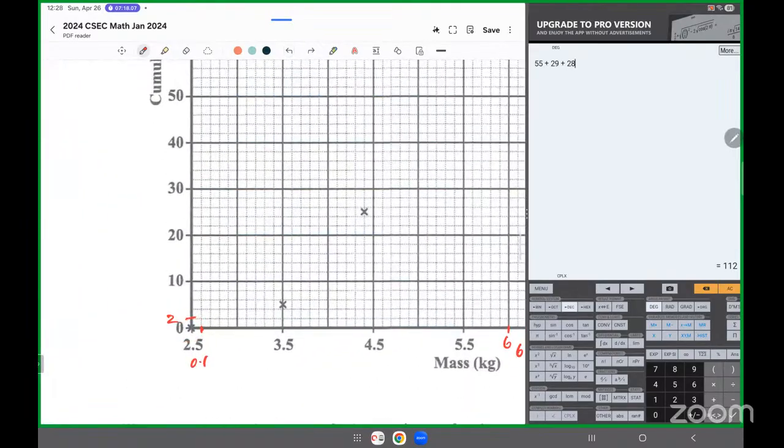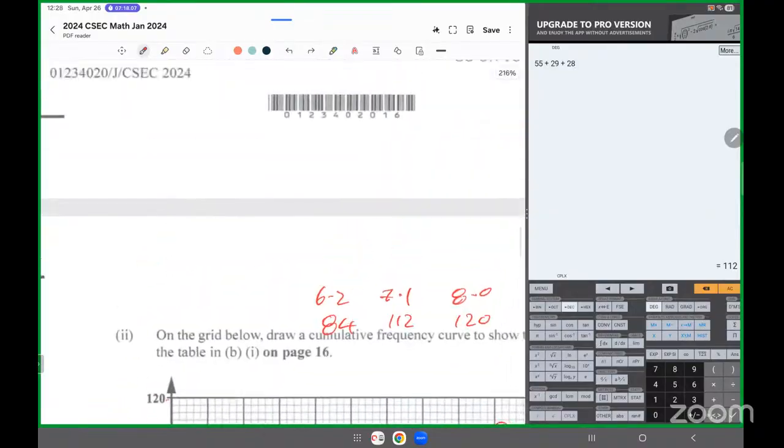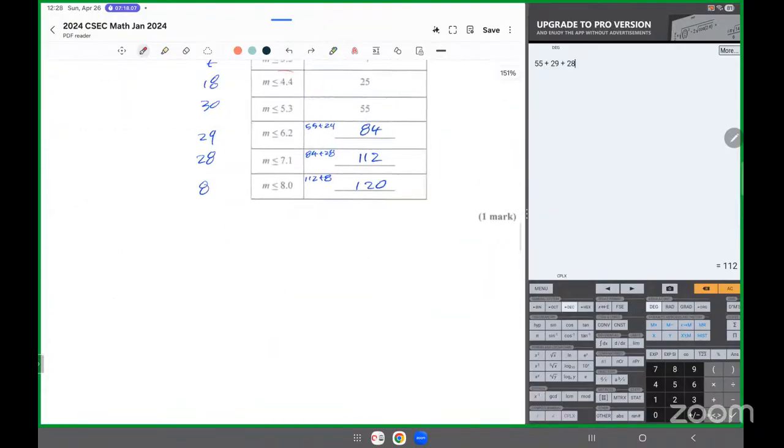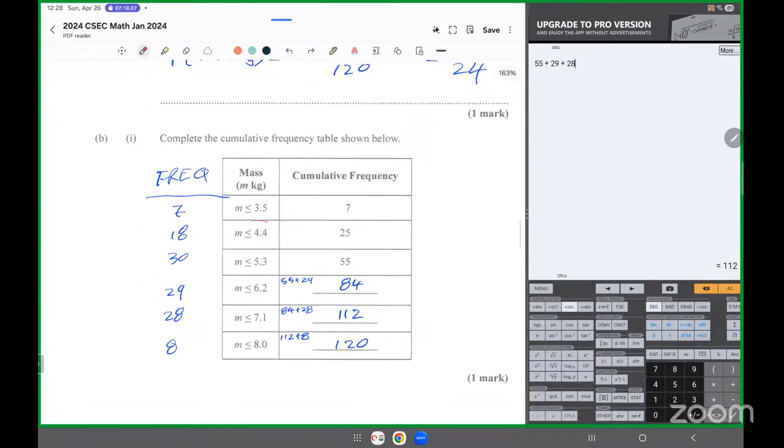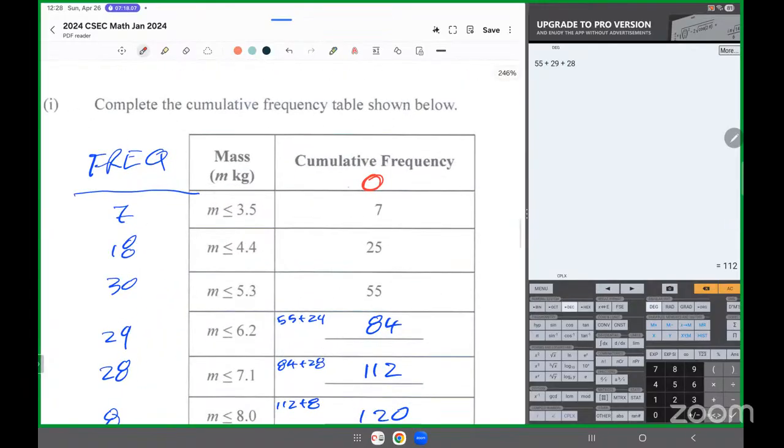Is that correct? The value before 3.5. Let's look back at it. Before 3.5, I subtract 0.9, because these are all increased by 0.9.